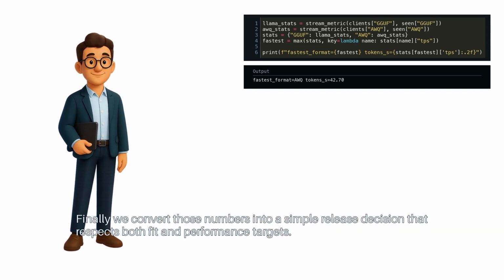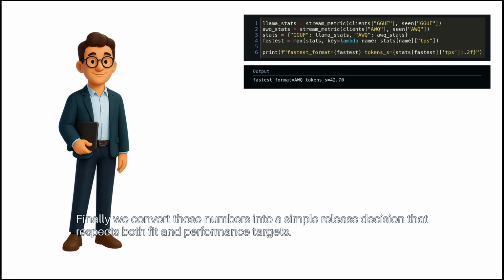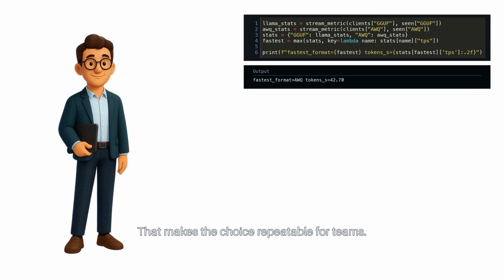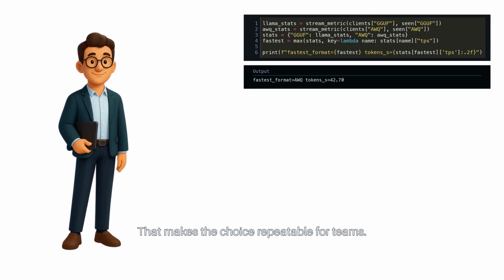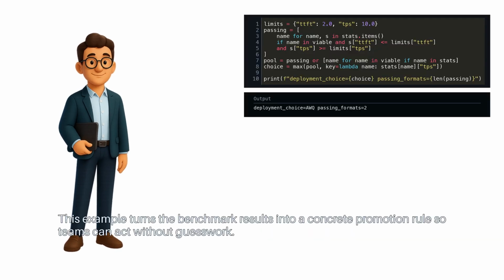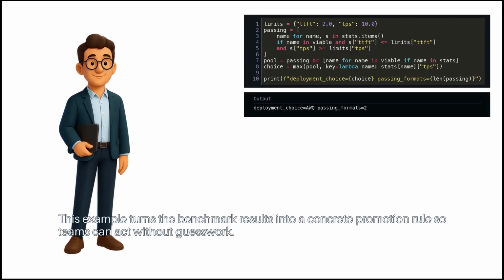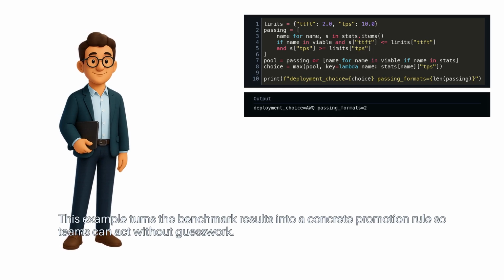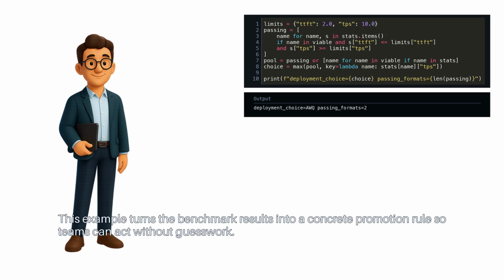Finally, we convert those numbers into a simple release decision that respects both fit and performance targets. That makes the choice repeatable for teams. This example turns the benchmark results into a concrete promotion rule, so teams can act without guesswork.